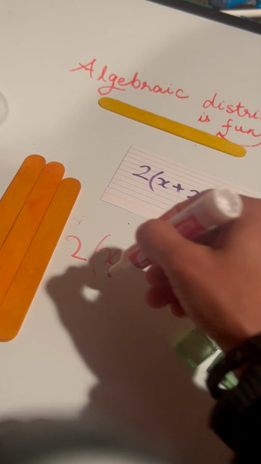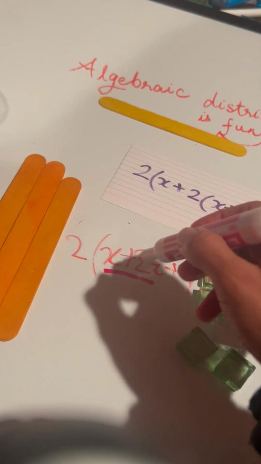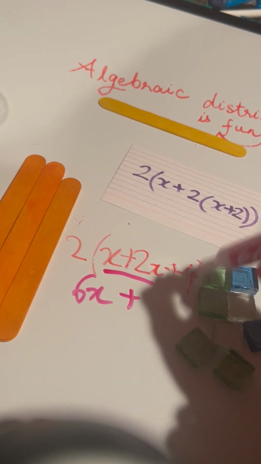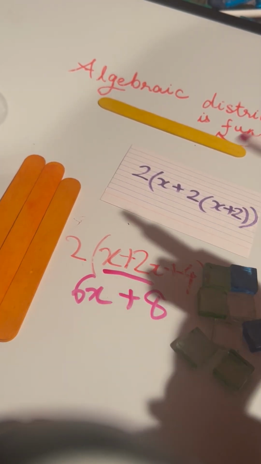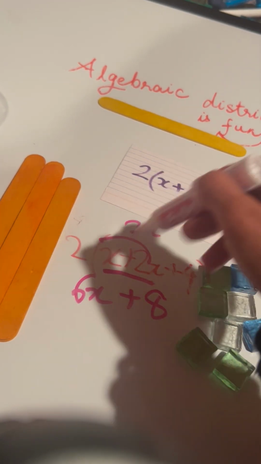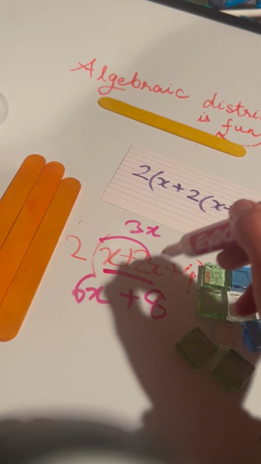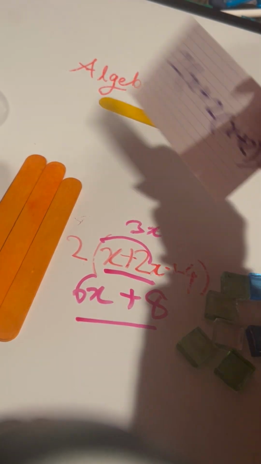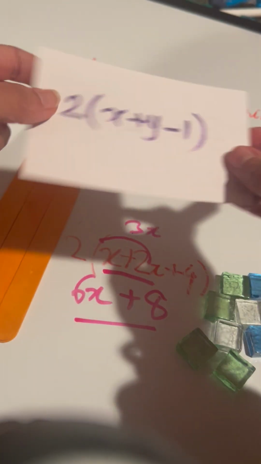That is right here. 3x here, and then multiply by 2. That is 6x. Keep the plus, and all of this together is 8. So straightforward, right? You first write this down as 3x. 2 times 3, 6x, plus 2 times 4, 8. Pretty straightforward, although it looks scary, but it's quite straightforward.